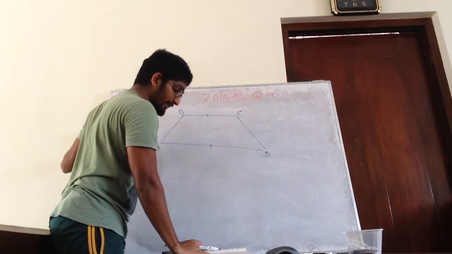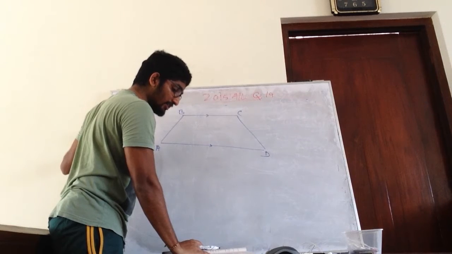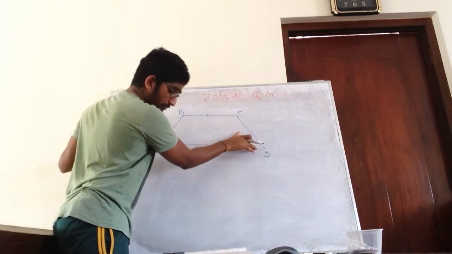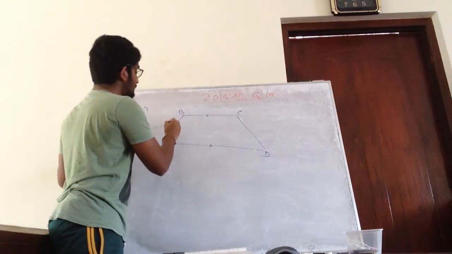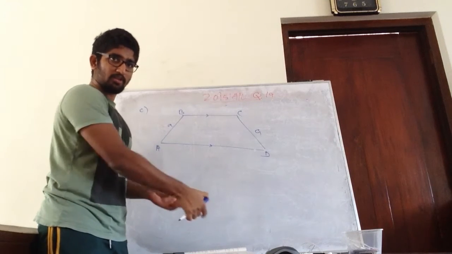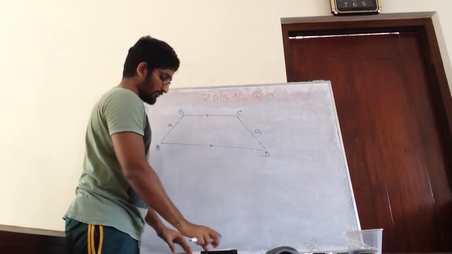Then they are saying the lengths of its sides, measured in centimeters, are given by AB equals CD equals A. So this is A, this is A. All these are given in the paper; they have drawn this out and given it.